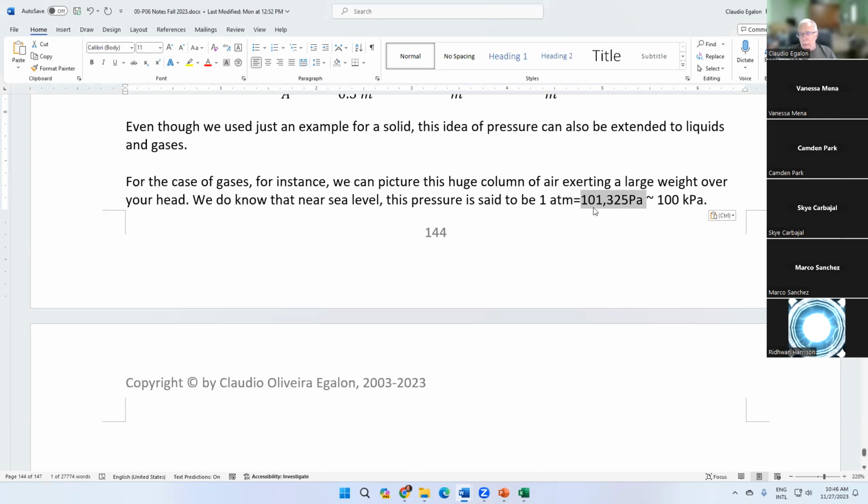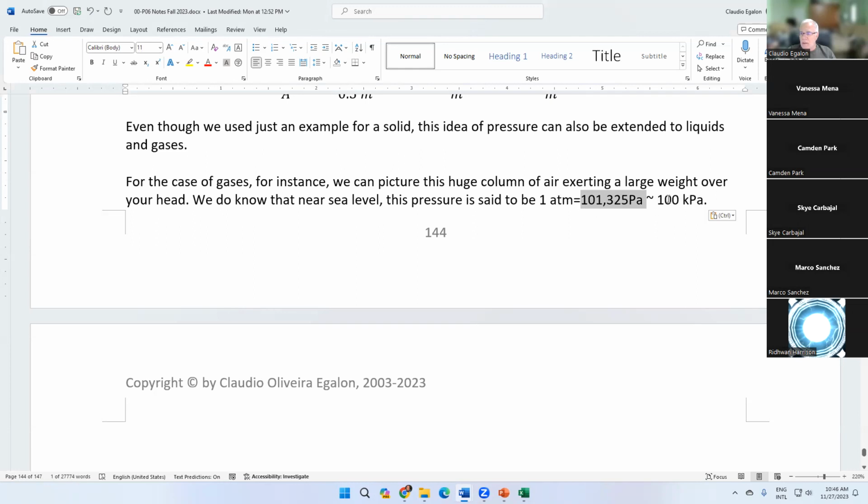But in general, I tell my students not to memorize this number here. Memorize this number here. It's far easier to remember 100,000 Pascal or 100 kilopascal. And if you use this number, you're making only a 1.3% error in your calculations.